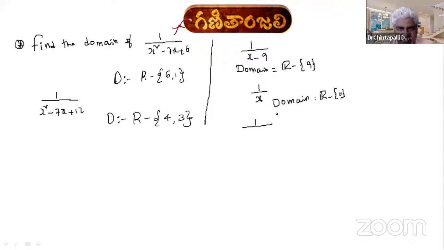Next, 1 by x minus 1 times x minus 2 times x minus 3.